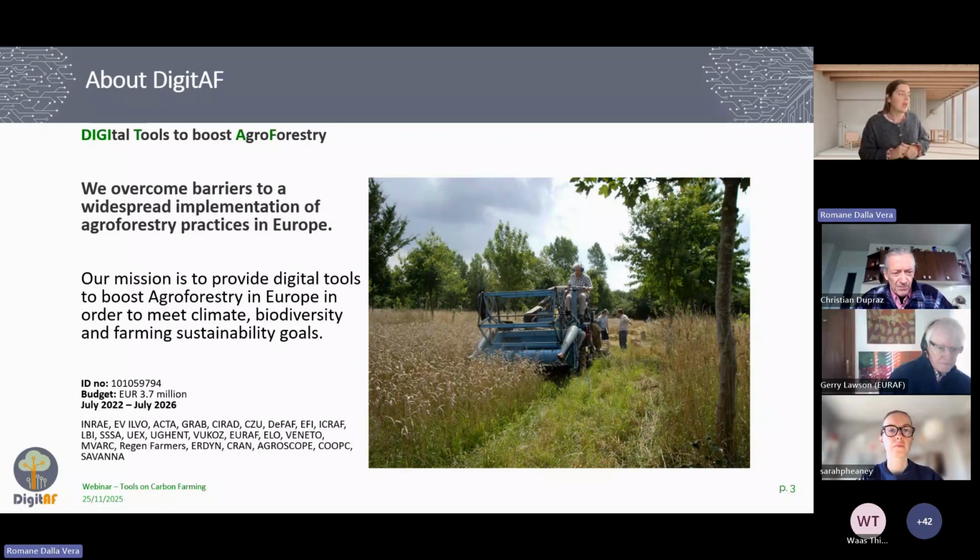All the partners are written down here on the slides, and our main mission is to provide digital tools to boost agroforestry in Europe in order to meet climate, biodiversity, and farming sustainability goals. So again, today, the objective is to talk about tools on carbon farming.